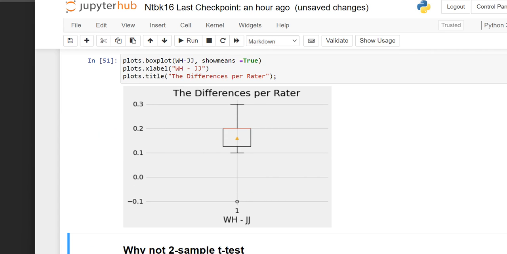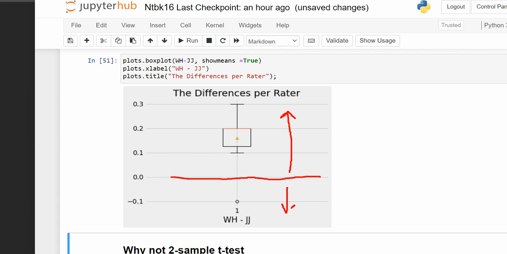And Wirehouse wins. According to these raters, this is where they're seeing no difference between the sandwiches, a zero difference, but above this, remember, that's Wirehouse. Positive scores are for Wirehouse.